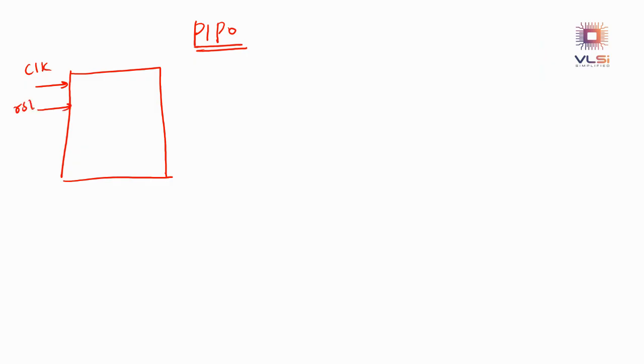You are taking out parallel out, which is also 4 bits. Within one clock cycle, you are inserting the data and taking the data out.